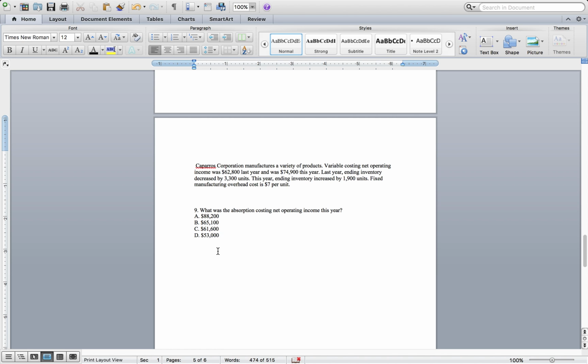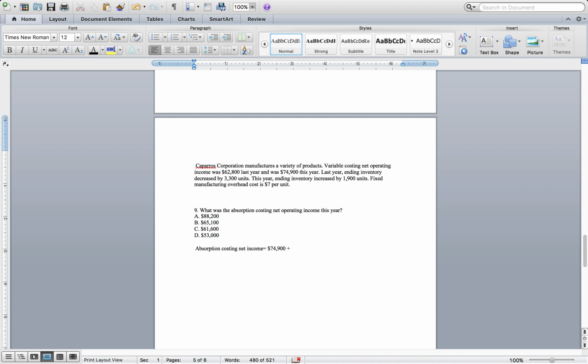So again, what we're looking for is the absorption costing net income. Remember, to get the absorption costing net income, take your variable costing net operating income, which we know is 74,900. And what you want to do is add the fixed manufacturing overhead deferred.